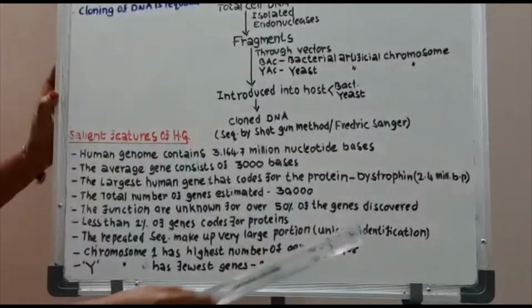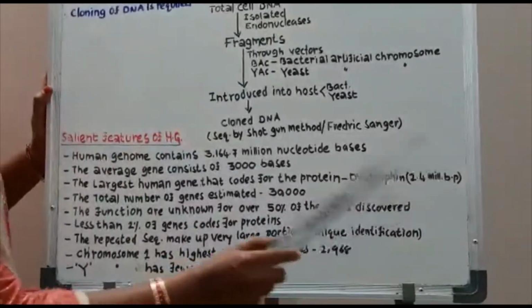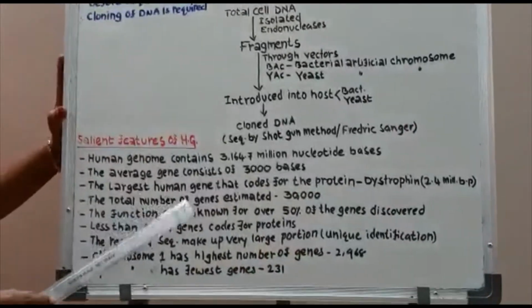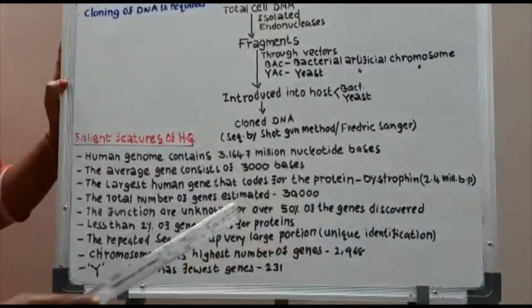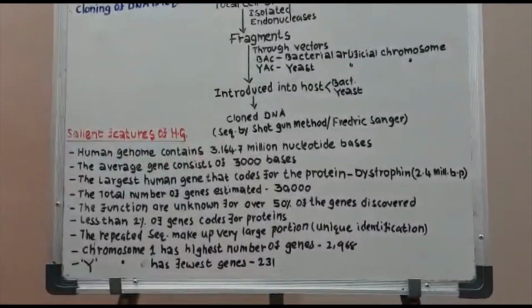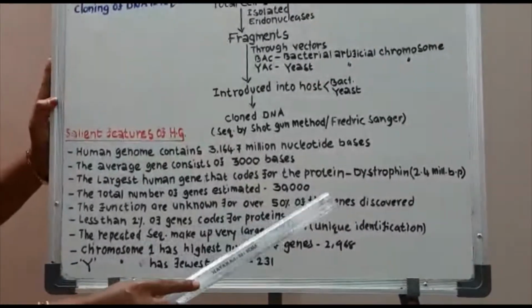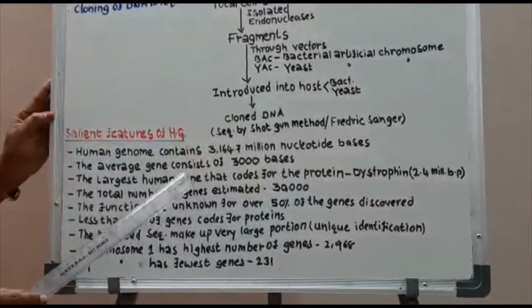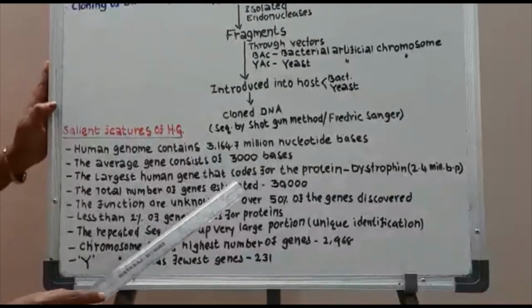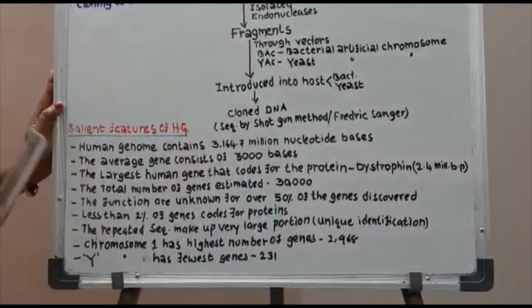That means there are 2.4 million base pairs, and the total number of genes estimated till now is 30,000. The functions are known for only 50% of the genes discovered so far. That means out of the total discovered genes, only for 50% the function is known.